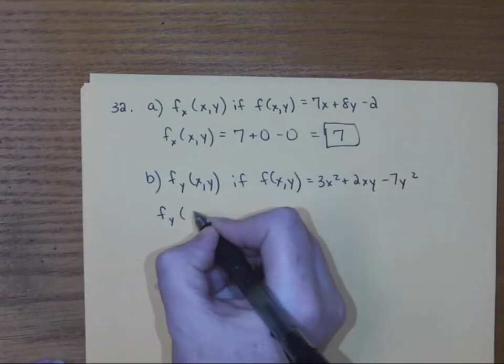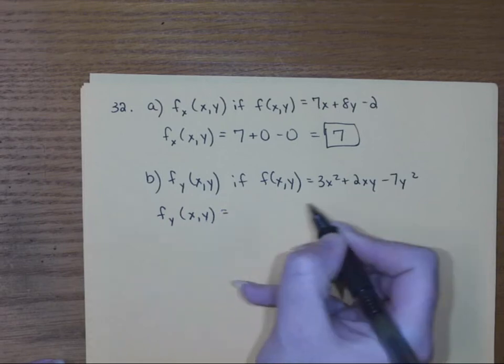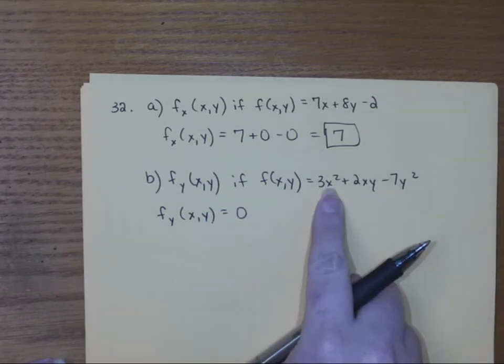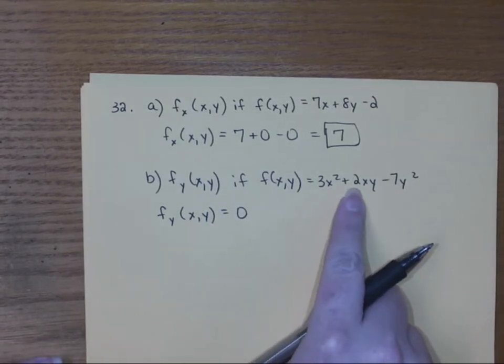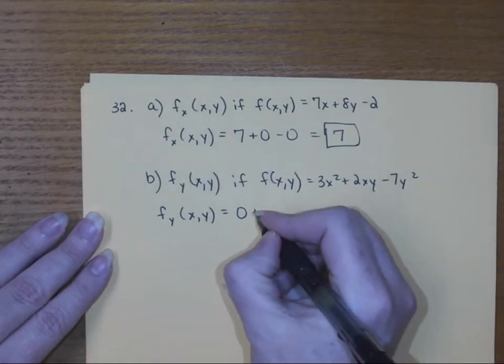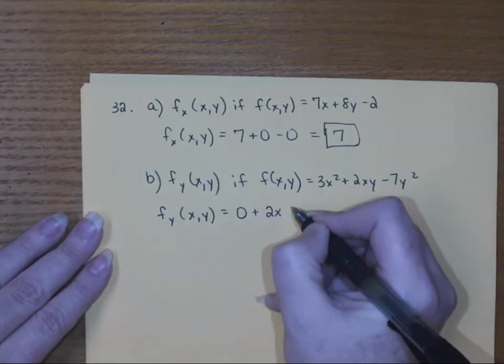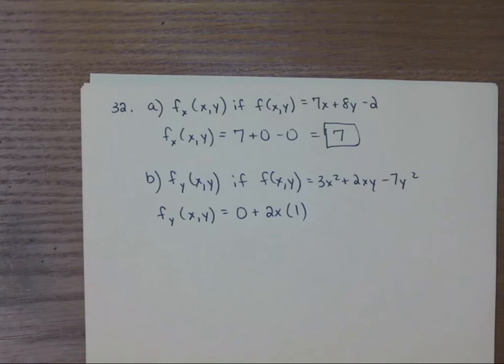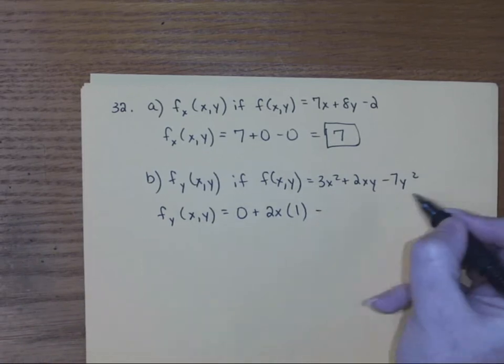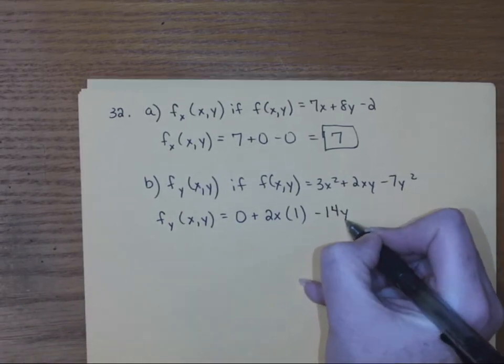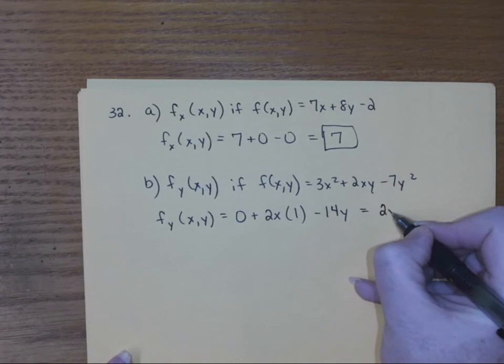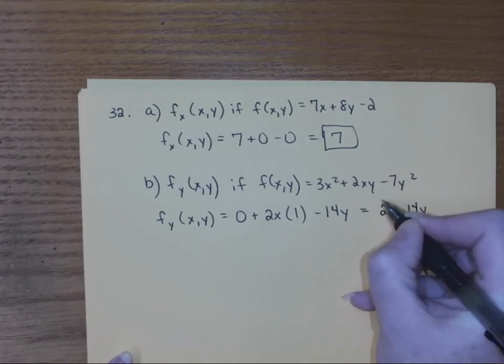So the derivative with respect to y is going to be 0 because x is a constant. That's a full constant. Okay. Here we're going to treat 2 and x as the constants they are, and we're going to multiply by the derivative of y, which is 1. And then the derivative of this is 14y. So in the end, we get 2x minus 14y.